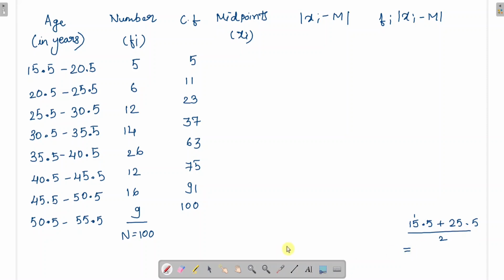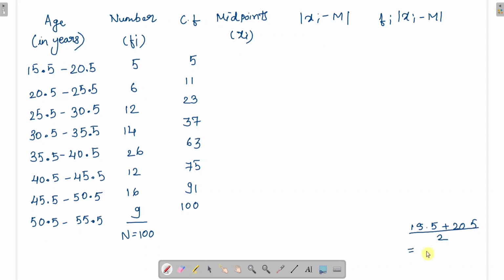So okay, let us take the sum here. 15.5 plus 20.5 divided by 2.